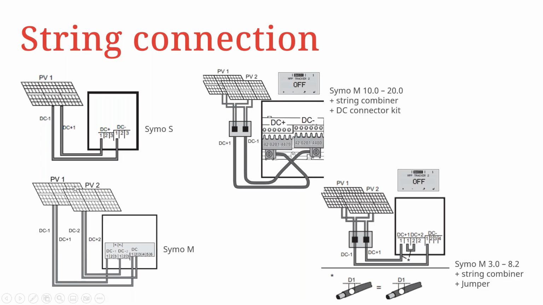Whereas for the SIMO N, this is another example. If you've got PV array 1 and PV array 2, with your positive and negative from each array, you'll then have input 1 on DC on your positive side, and obviously DC 2 on the positive side also.